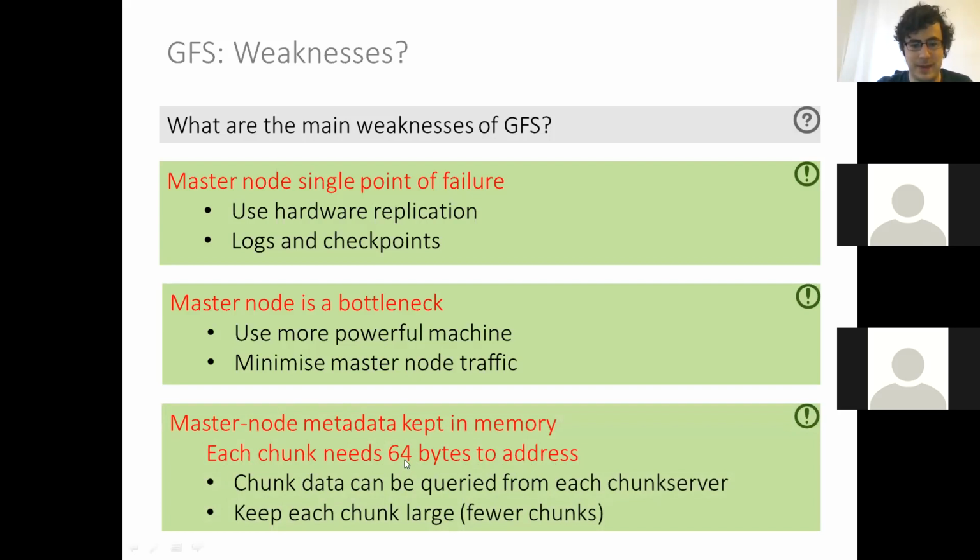However, remembering that every block has 64 megabytes and we only need 64 bytes to address it, roughly speaking we can store 1 million times more data on disk than the capacity of the master node in memory. So that's a huge amount of data. In general, because the chunks are so big, with a small amount of memory on the master, we can store a lot of data in the Google file system on disk.